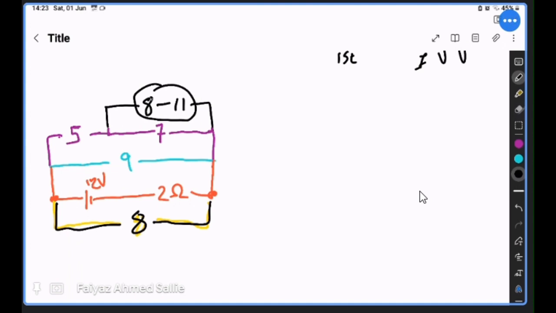So 8 plus 11 gives us 19, right? So we know that 19 and 7 is parallel.